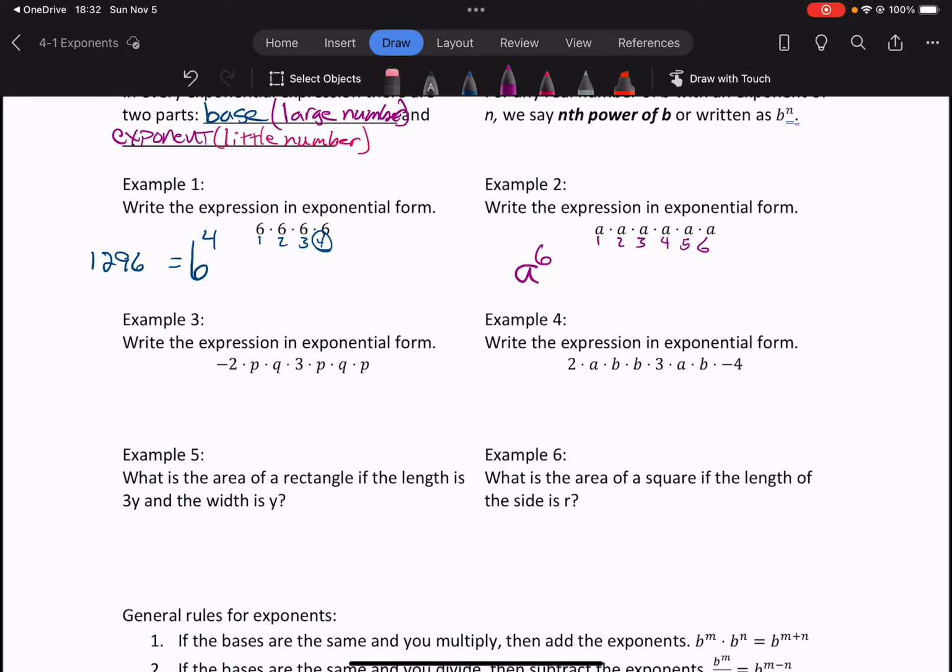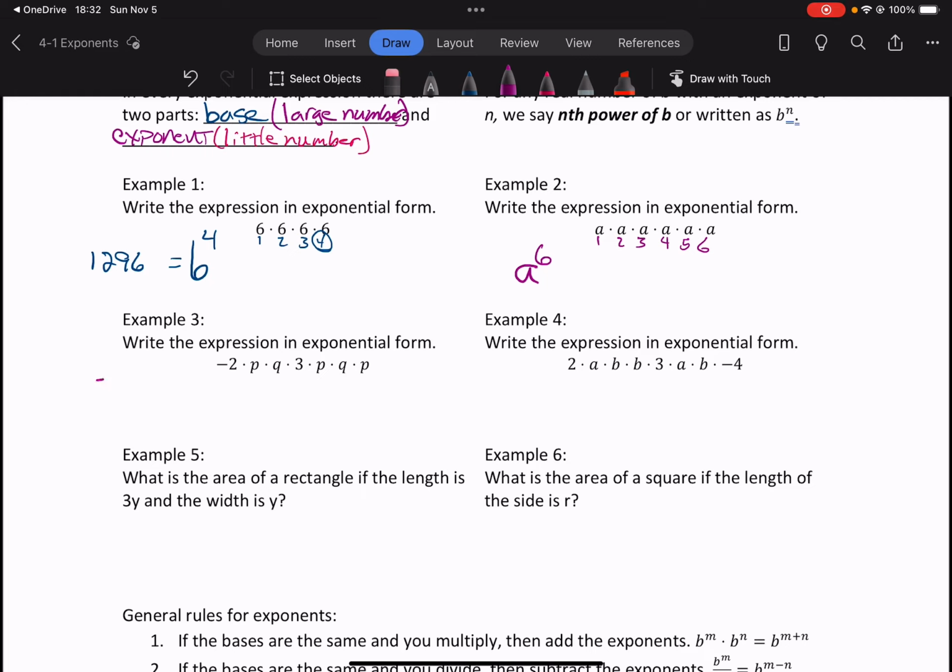Now, sometimes we have numbers and letters, and this one has multiple letters. I have -2 p cubed q squared, written out. So we want to combine the like things together. There's a couple ways we can do this. I can rewrite it with my numbers in front.